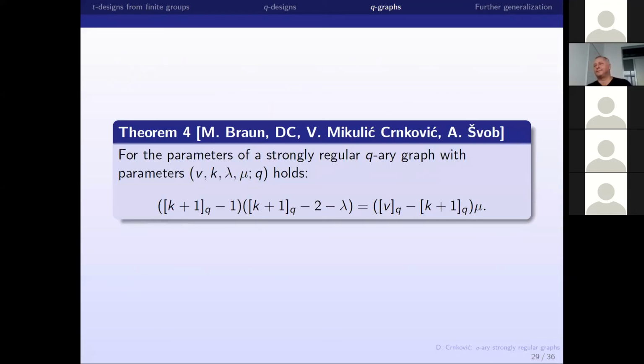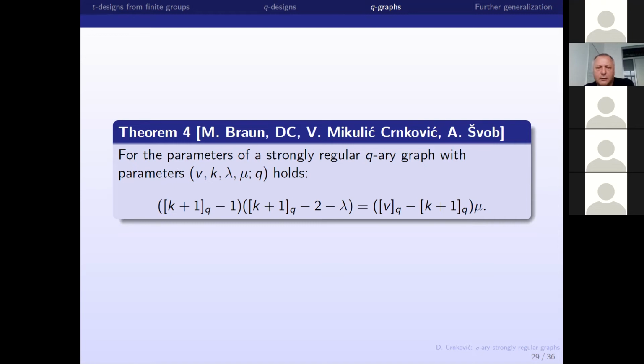Of course, if this is the right generalization, we need some properties of that generalization which remind us of properties of ordinary strongly regular graphs. So for the parameters of a strongly regular graph with parameters v, k, lambda, mu and q, which is the order of the field, the following condition holds.